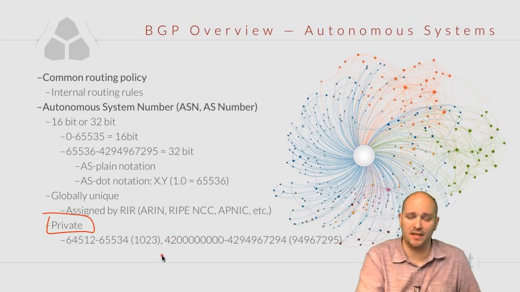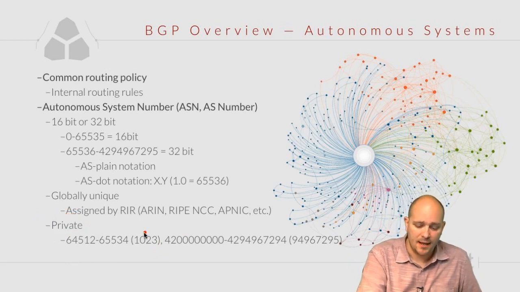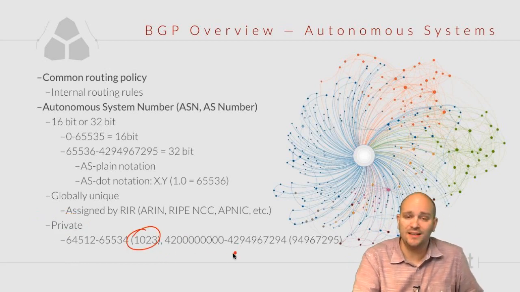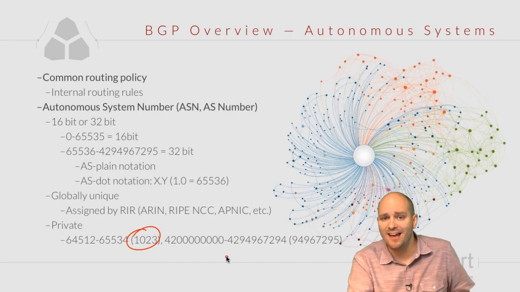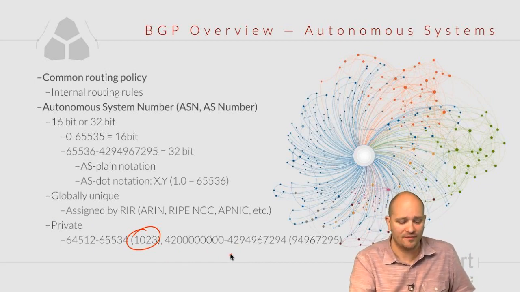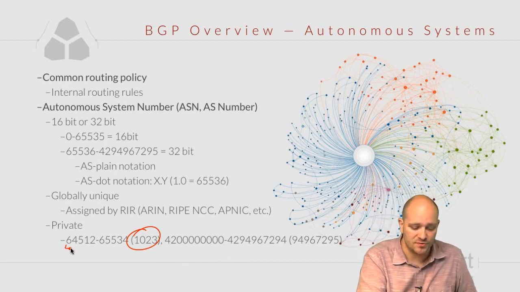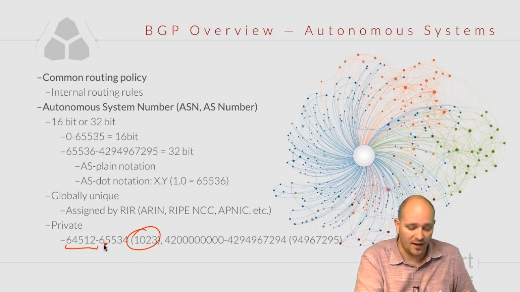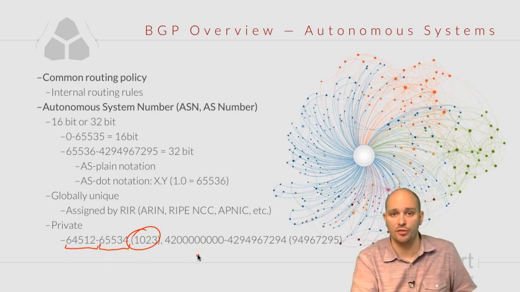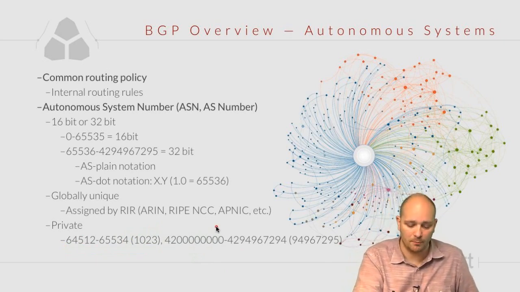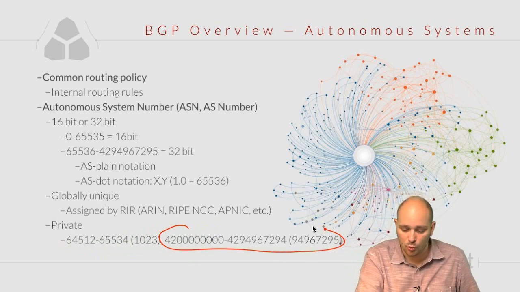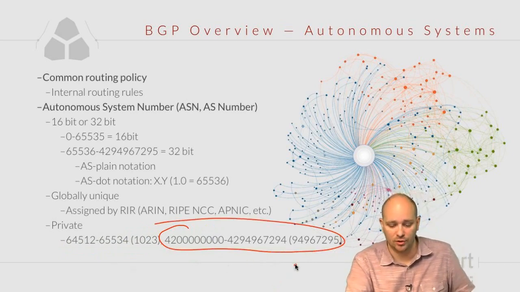For the 16-bit autonomous systems, 1023 autonomous system numbers have been reserved for private use, and they come from the range of 64,512 to 65,534. If you wanted to use a private 32-bit number, you would have a lot more at your disposal.